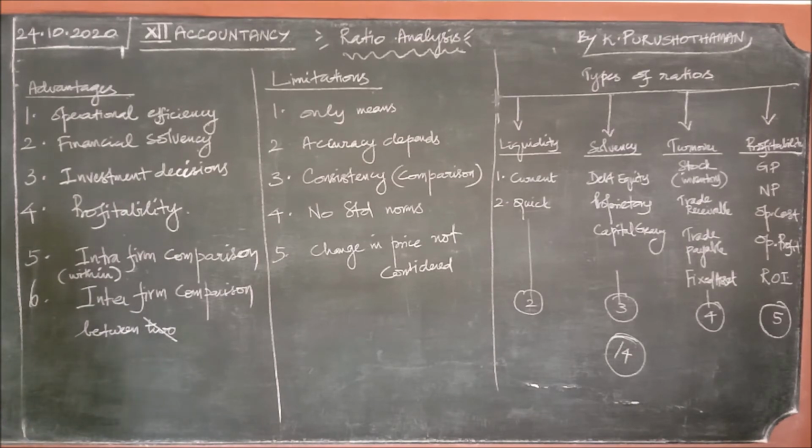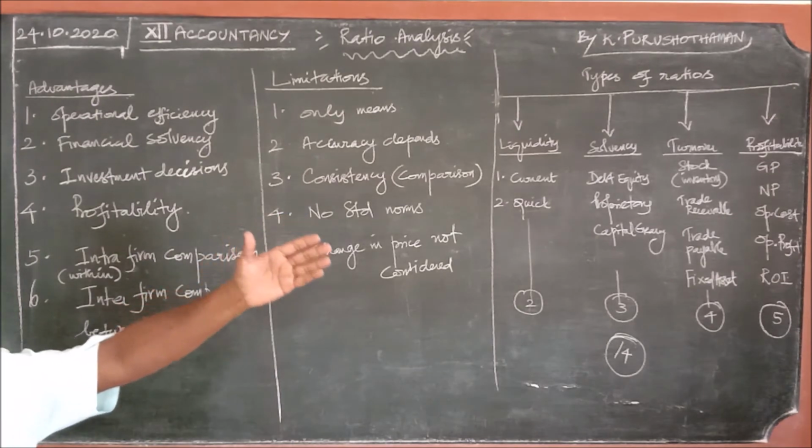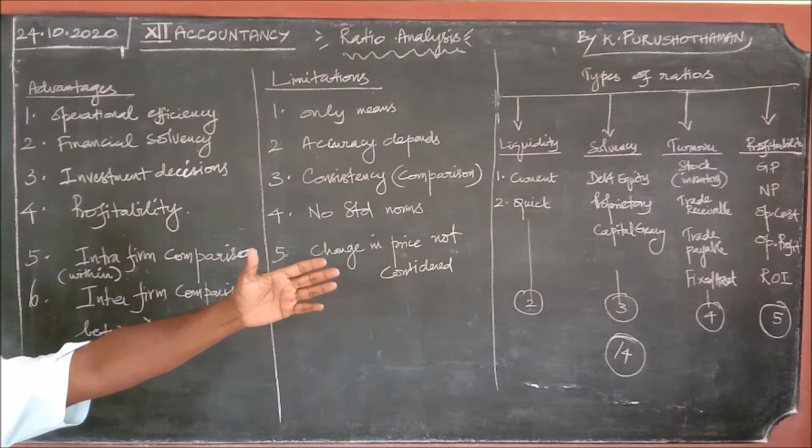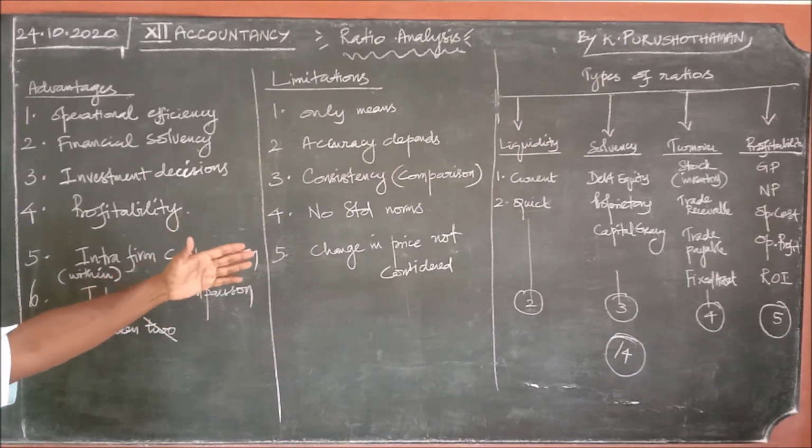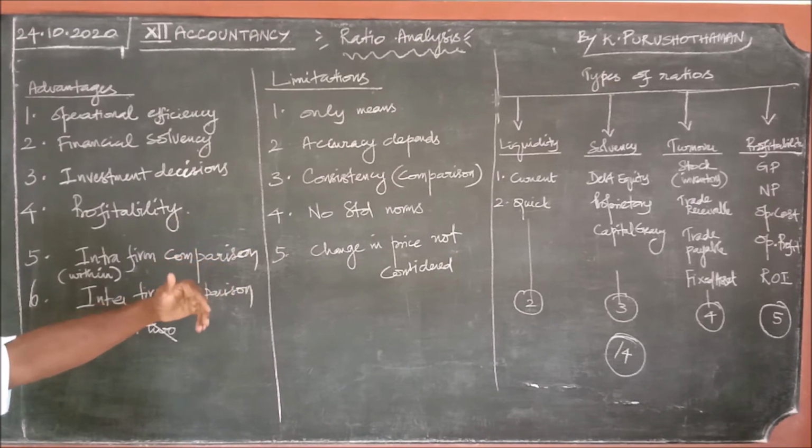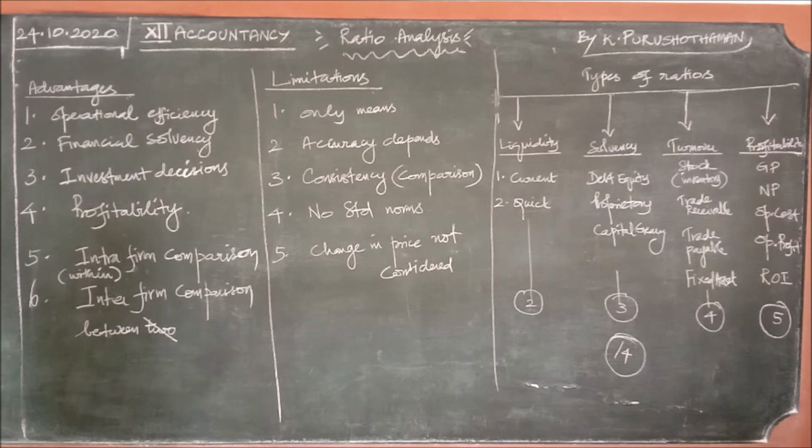For that also, we cannot compare by just taking the profit into consideration. If one earns 5 lakh rupees and another earns 8 lakh rupees, which is better? We cannot say that 8 lakh rupees is better. There are various factors; a layman who doesn't know accountancy may say that, but what is the expenses incurred for that 5 lakhs in one company and this 8 lakhs in the other, that should be compared.